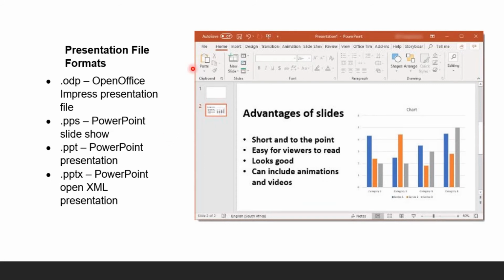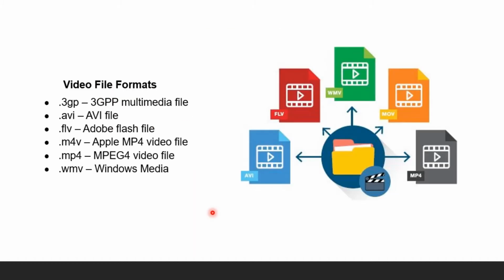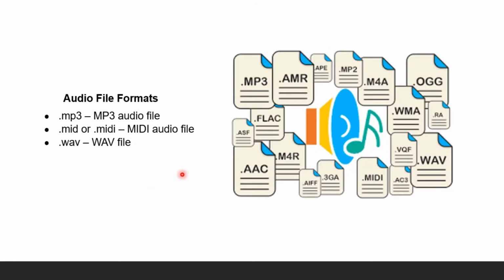Presentation file formats, using Microsoft PowerPoint, have the extension .ppt or .pptx, and for other software, PowerPoint Slideshow is .pps and OpenOffice is .odp. Video file formats include .3gp, .avi, .flv, .mp4, and others. Audio file formats: .mp3 as the most popular, .mid or .midi, and .wav.